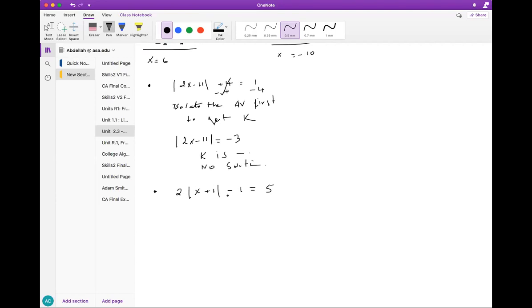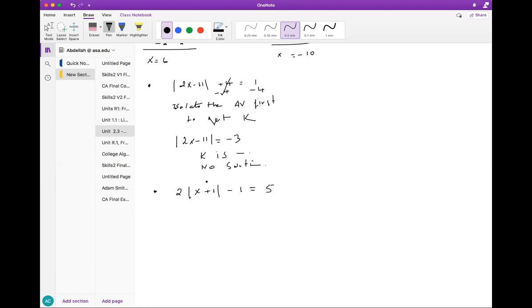If you distribute right away, you're looking for only one solution if there is one, or you might be looking for a solution that does not exist. For example, if this turns out to have a negative k, then there is no solution. But if you start multiplying right away, you're basically assuming there is a solution, and you might be wasting time finding something that's not a solution to the equation.